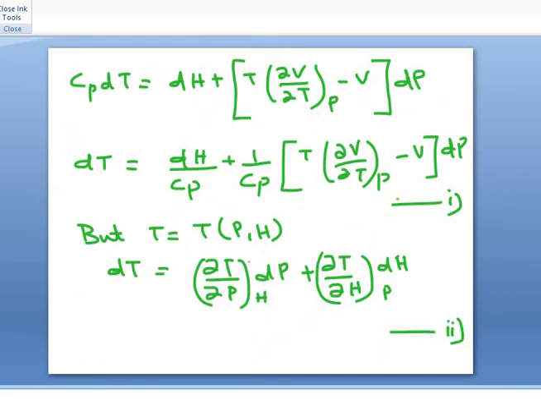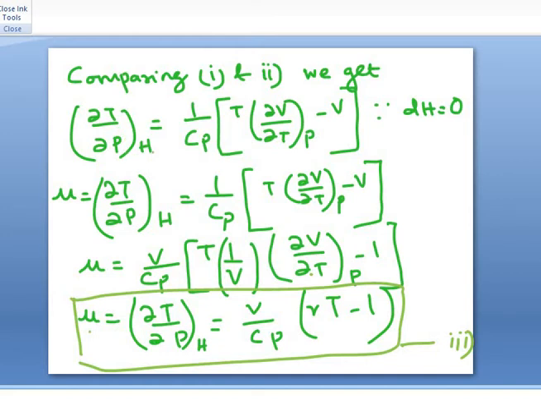The constant P part and the constant H part, we realize that these are the same. So we get (dou T by dou P) at constant H is equal to 1 by Cp [T (dou V by dou T) at constant P minus V]. We know the dH part will be 0 because we are talking in terms of a constant enthalpy process.